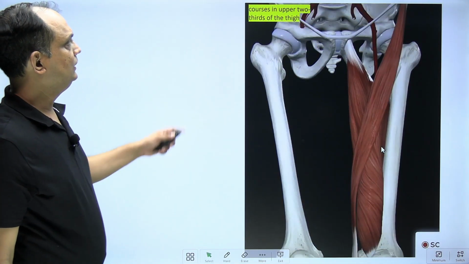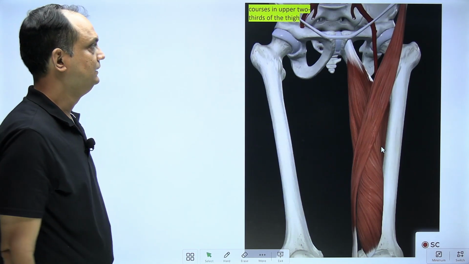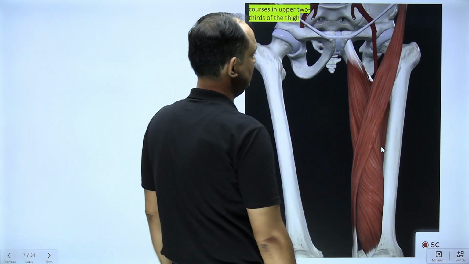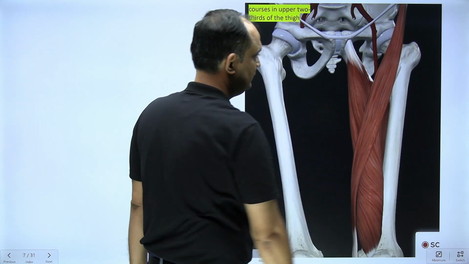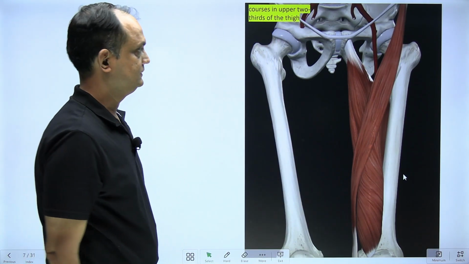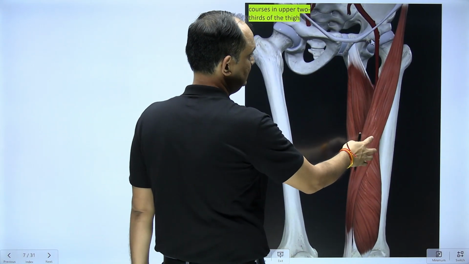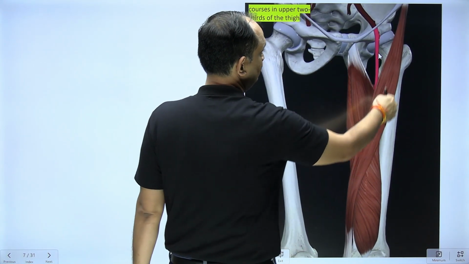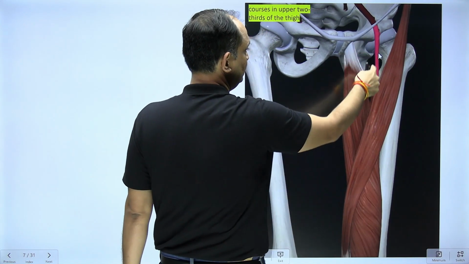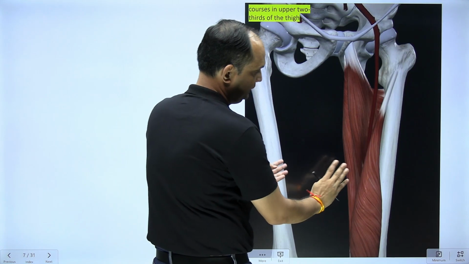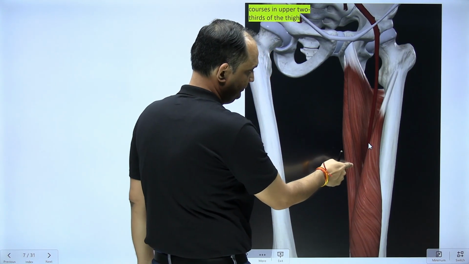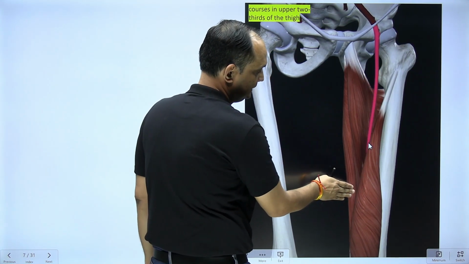Clear? So now here if you see the course of the femoral artery, the muscle comes into the picture. This is your sartorius. When you see the dissection, you will realize that this is your femoral triangle, and the femoral artery is visible in the triangle. Now if you rotate this thigh and see from the medial side, you are able to see the adductor canal.